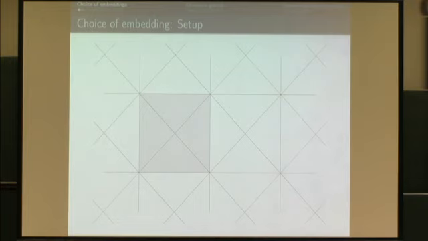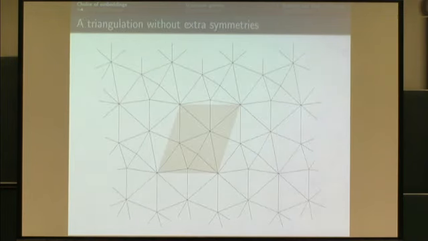You just have to embed it like this because it has to preserve the symmetry. So what about this? If you have this triangulation, you see it's the kind of thing we will look at. It's a periodic triangulation of the plane. So it has vertices, it has faces that are triangles, it has nice combinatorics. And the question is, if you want to do statistical physics on this kind of lattice, how do you embed it in the plane?